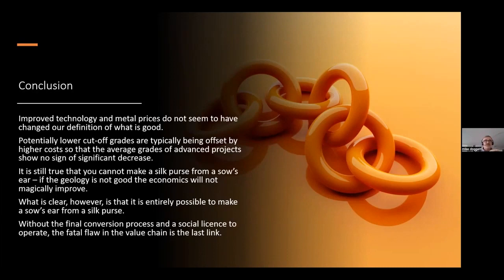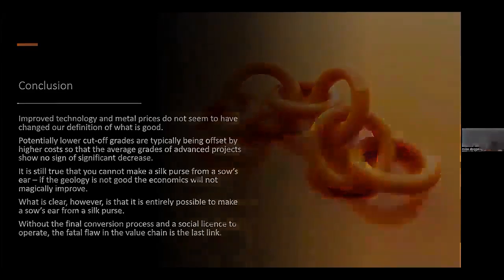So without the final conversion process and a social license to operate, the fatal flaw and the break in the value chain is this last link. And if that's the weakest link, then that is ultimately going to determine the final quality measure of our copper projects. Thank you very much.